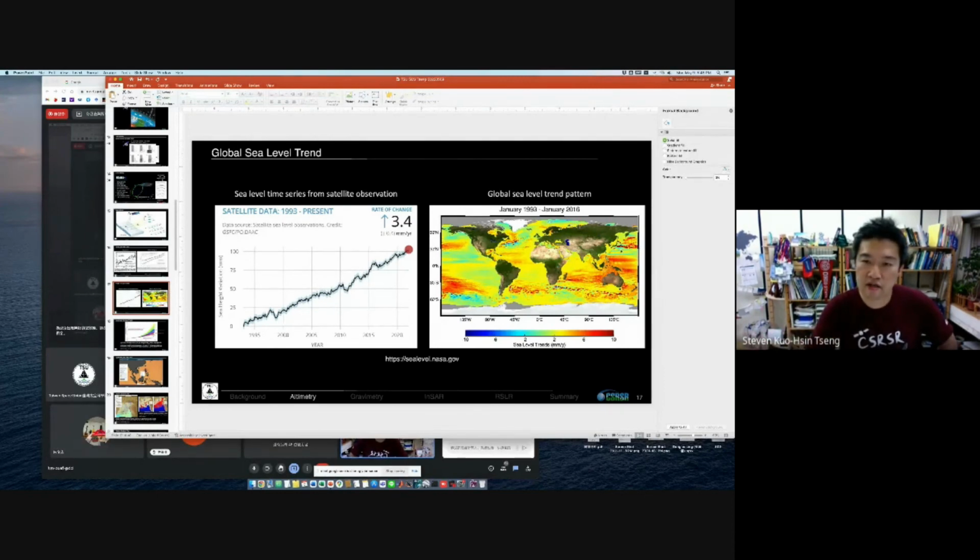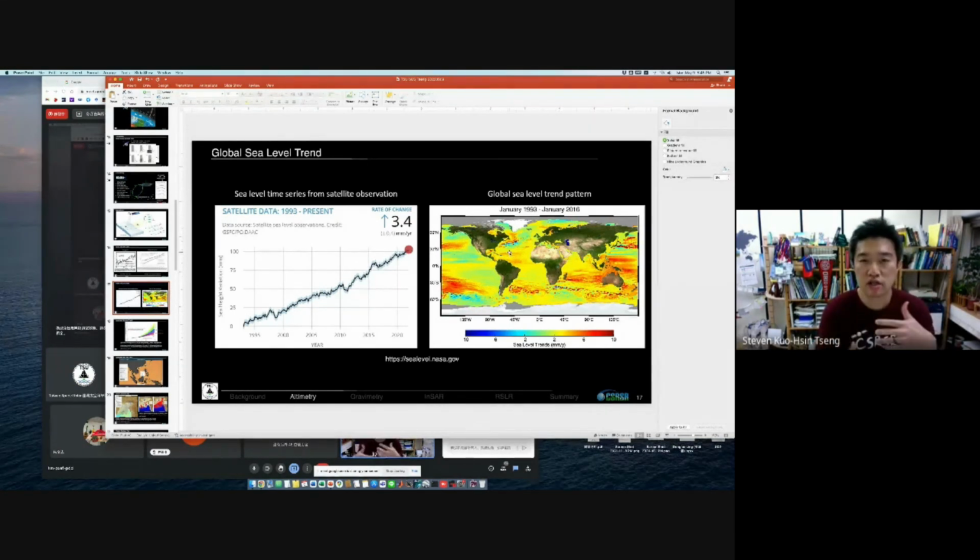That's the reason the global sea level trend pattern will be different, because the mass of the ocean becomes more. Also, one point I didn't mention is that half of the sea level rise is because of thermal expansion.